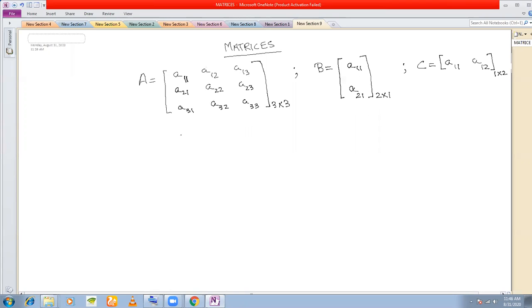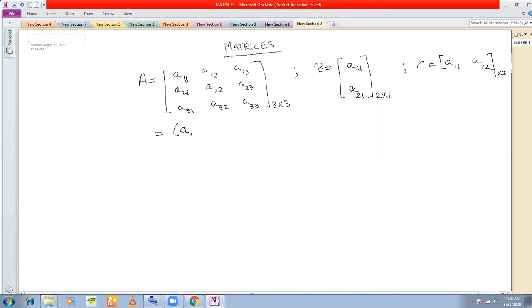Normally, symbolically, we will not use this symbol much, but what you can remember is that a matrix is denoted by this symbol.